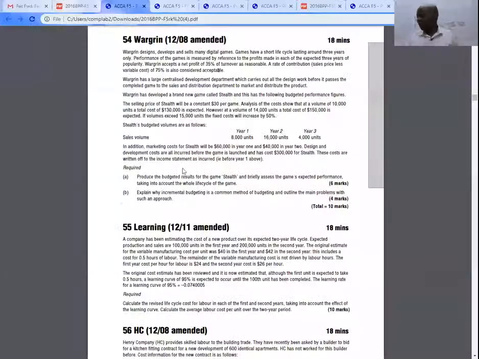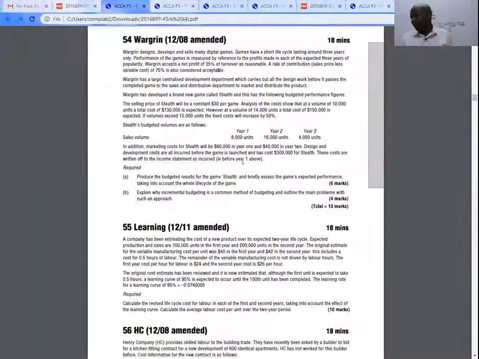So you see they have given us the budgeted volumes as follows. In addition, we have marketing costs for stealth will be 60,000 in year 1 and 40,000 in year 2. Design and development costs are all incurred before the game is launched and has cost 300,000 for stealth.